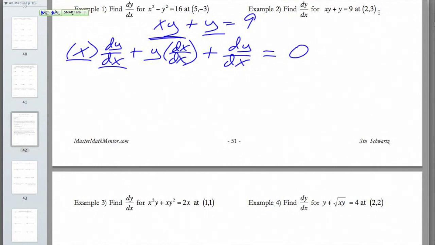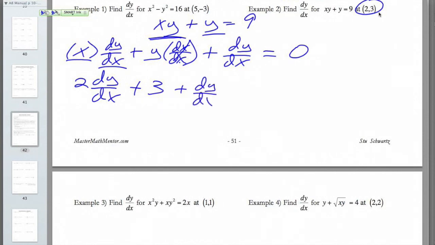Okay. All right, so once I get to this point, what do I want to do? I want to plug in. My point is (2, 3). So I plug in 2 for x. I plug in 3 for y. And what happens to this dx over dx? It goes away. It reduces to 1. And then I have plus dy over dx equals 0. So obviously I'm going to subtract 3 over.